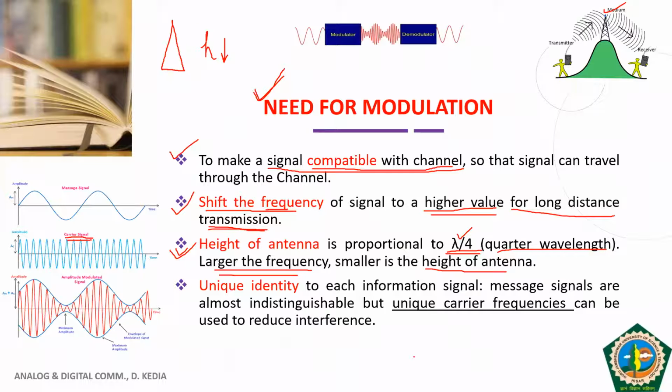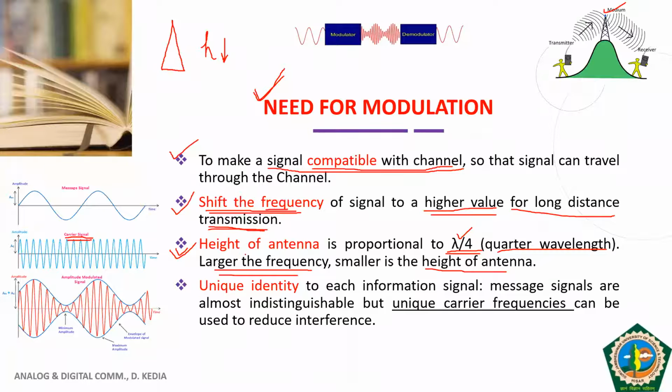So if we want to keep the height of the antenna smaller, we'll have to increase the frequency of the signal to be transmitted. Increasing the frequency of the signal to be transmitted means we need to shift the frequency of the signal to a higher frequency range, which is nothing but again modulation. So we need modulation to keep the height of the antenna to smaller values. That is another point because of which we need modulation.